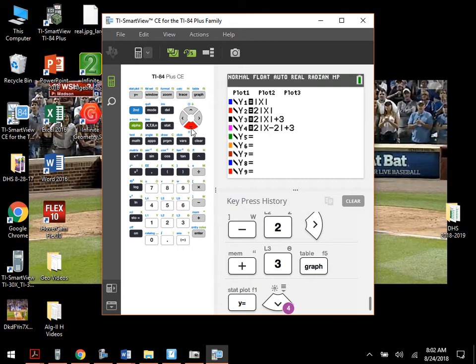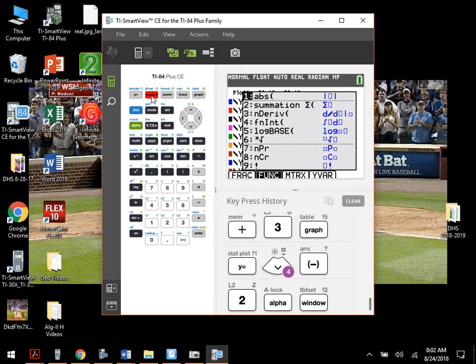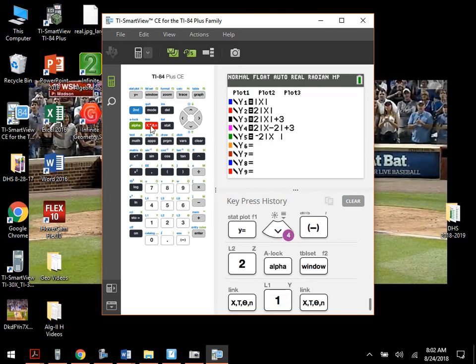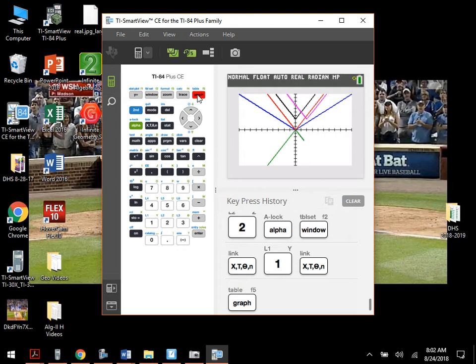Let's do negative 2, alpha window 1, and then just hit X and we'll hit graph and watch what that one does. What it's doing is using the order of operations. Order of operations says take the absolute value of x first and then multiply it by negative 2. That's how we can invert it by flipping the slope. There's a multiplier out in front.